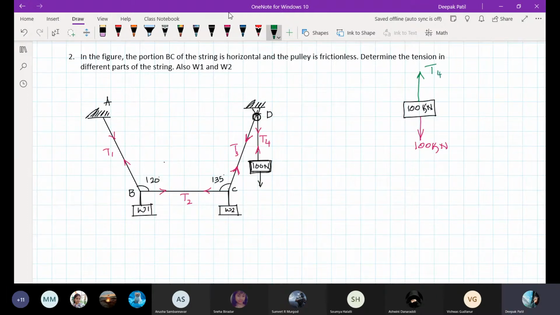What will be the value of T4? Can anybody tell me? Sir, T4 is equal to mg. No, don't worry about mg and all. Tell me what is T4 in terms of kilonewtons.